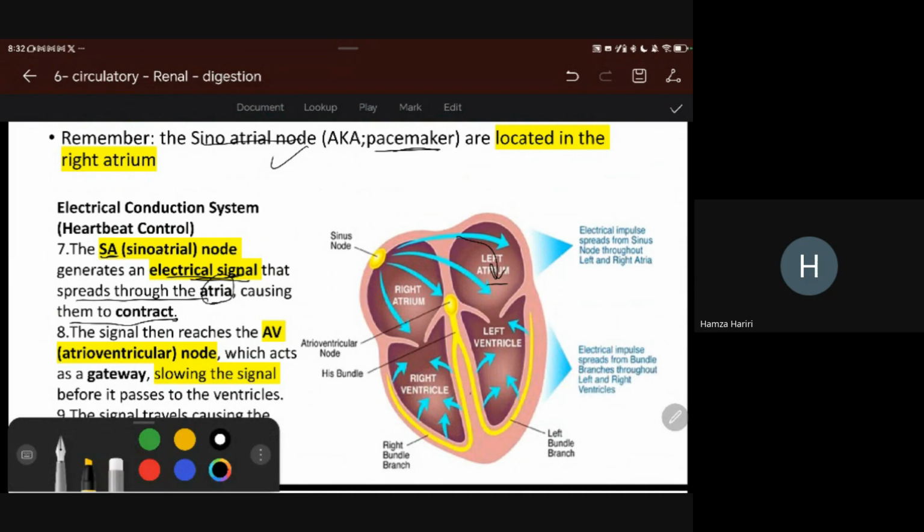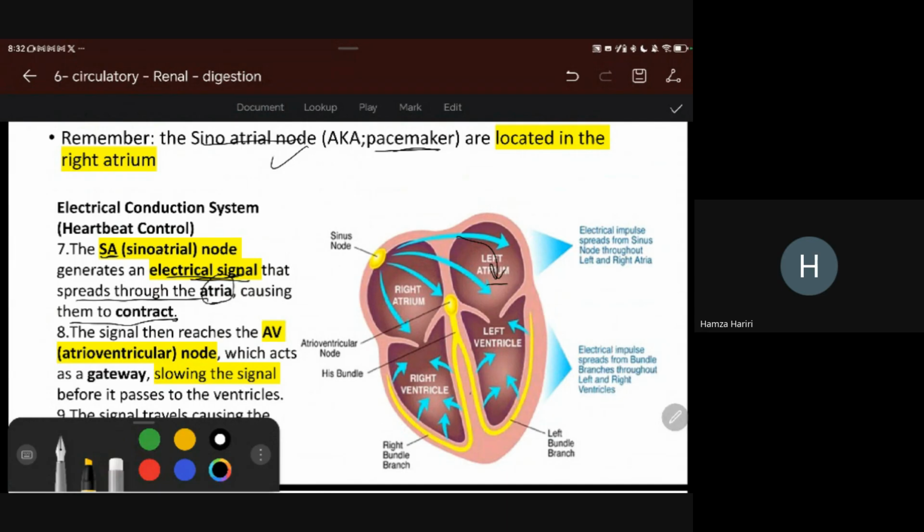Generally, the function of the sinoatrial node is to produce electricity, or an electrical signal. And the function of the AV node is to slow down this electrical signal.